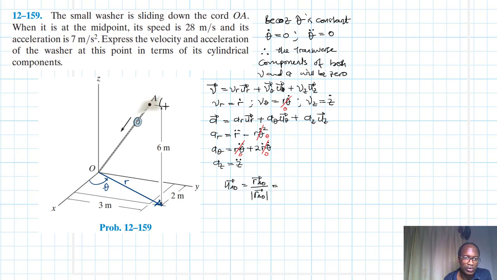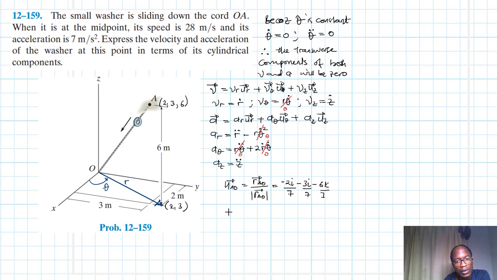This is just going to be equal to, so this coordinate is 2, 3, 6. This one is 2, 3. So this just becomes minus 2i, minus 3j, and minus 6k. And then the magnitude of that, we have 4 plus 9 plus 36, which is 49. Root of that is 7.